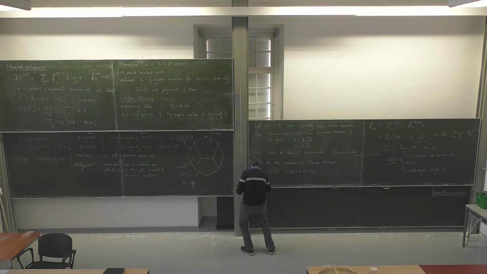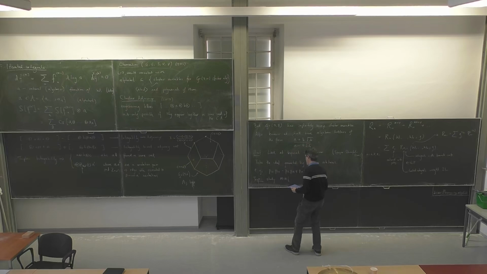So to tropicalize, we study not this polynomial, but rather, by convention, let's say the minimum of P12. So here's a product, I've got 3 terms. So I'm going to have 3 arguments in my minimum, and a product becomes a sum. So P12 plus P34, P13 plus P24, P14 plus P23.